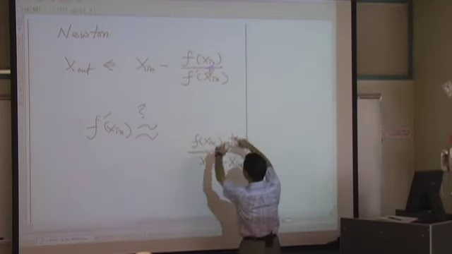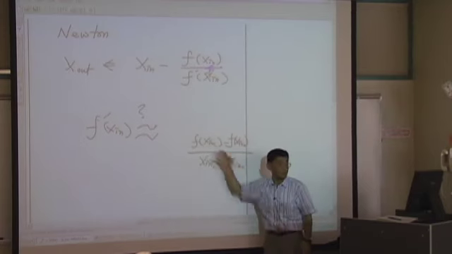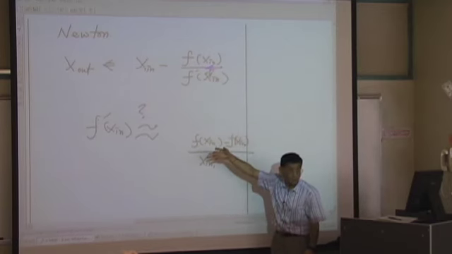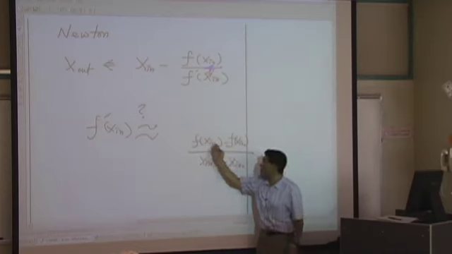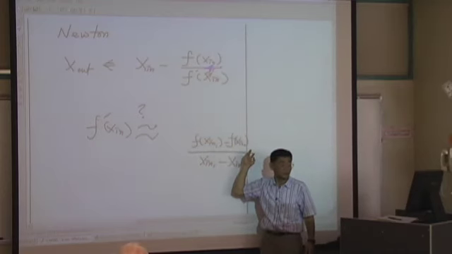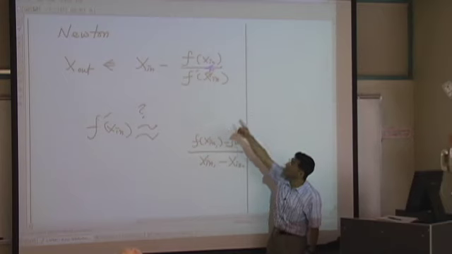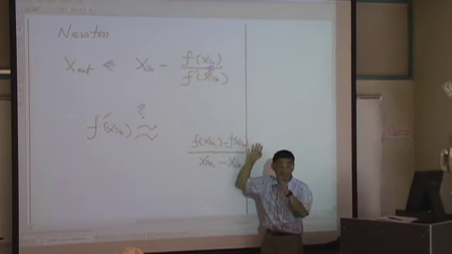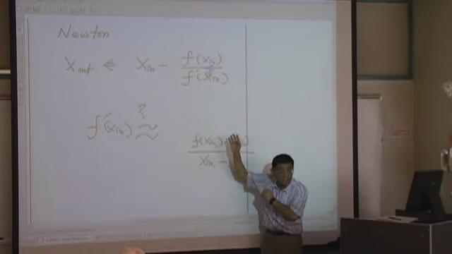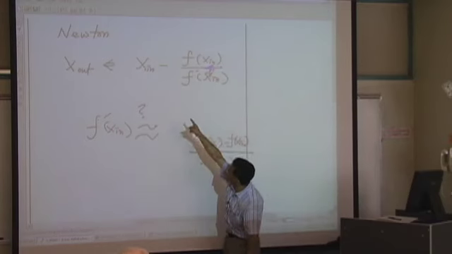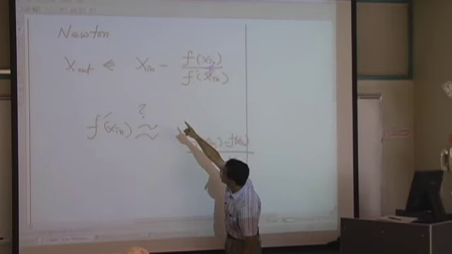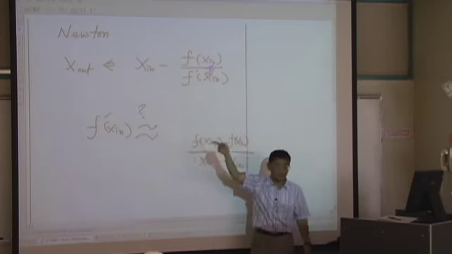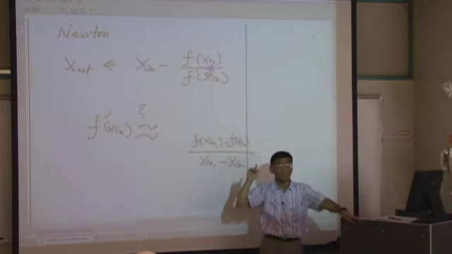Because we are replacing the derivative by the x in 1, x in 2 difference, those x in should change too, because we don't have x in anymore. We should replace x in there by either sub 1 or sub 2. You may pick anything and use the chosen one consistently. You don't mix x in 1 here and x in 2 there. So choose one and use it.